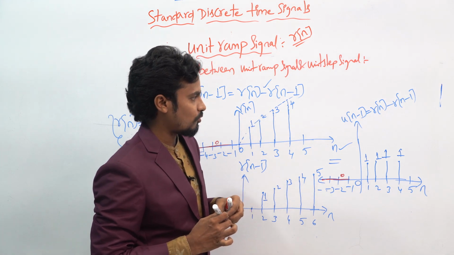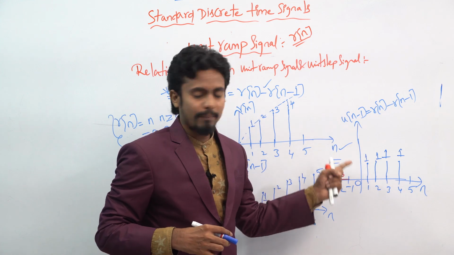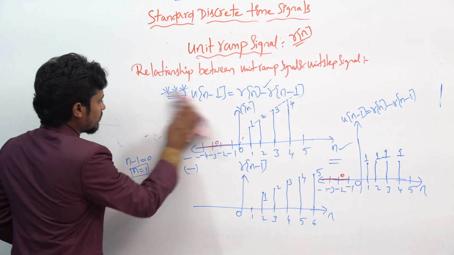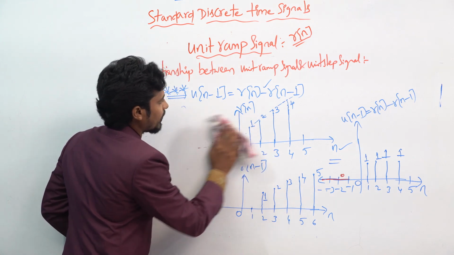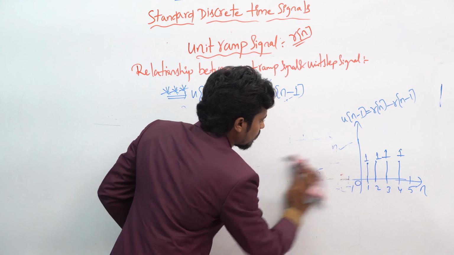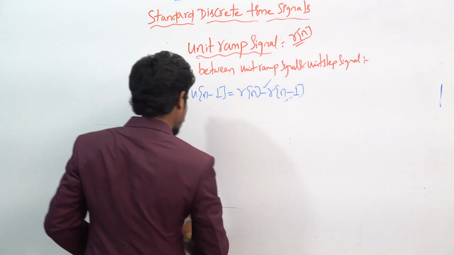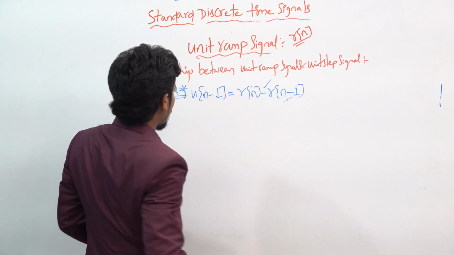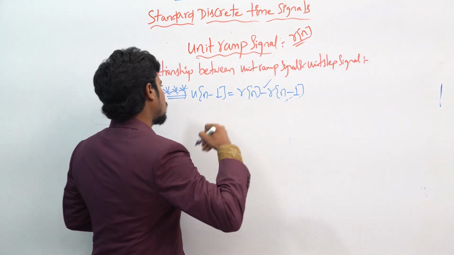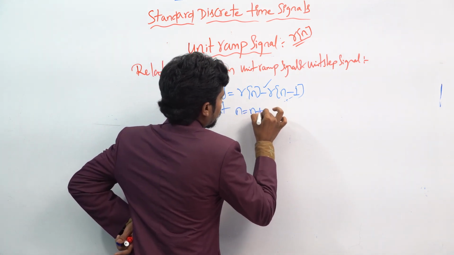For example, if you need only u of n, what will happen? This is a relationship for u of n minus 1. If you need only u of n, you have to do some simple manipulation. Put n equal to n plus 1.